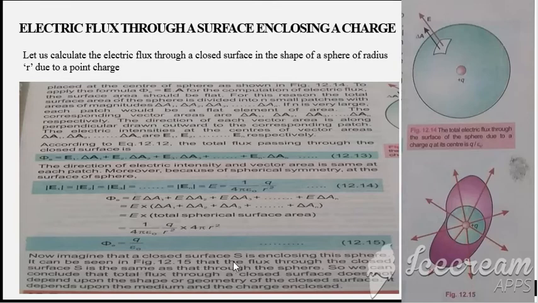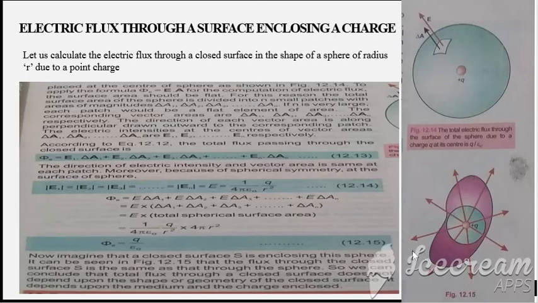Now imagine that a closed surface S is enclosing this sphere. It can be seen in figure 12.15. The green body is in a spherical shape, and it is placed inside a closed surface drawn in purple color, of irregular shape.